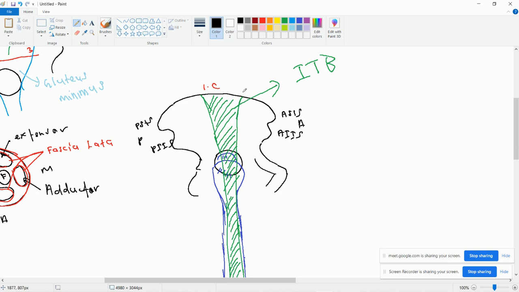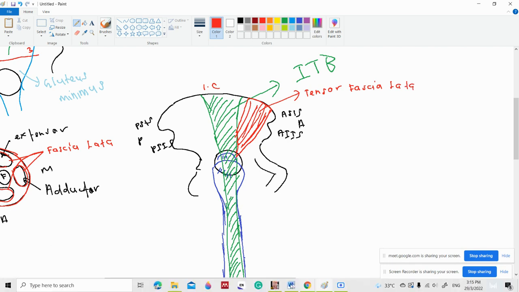So where does this muscle come from? The anterior region of the iliac crest, on the lateral lip, and this muscle attaches into your ITB. That is what we call the tensor fascia lata.